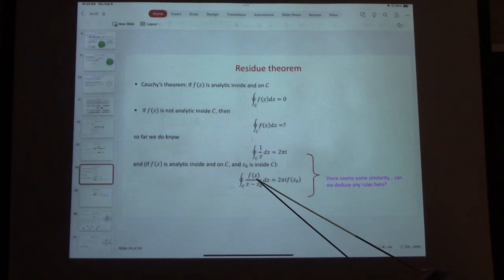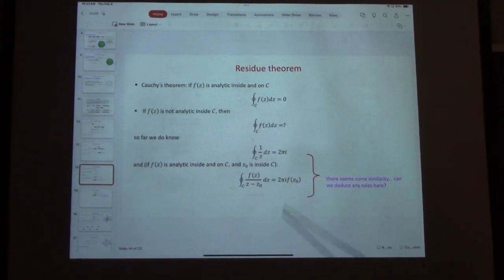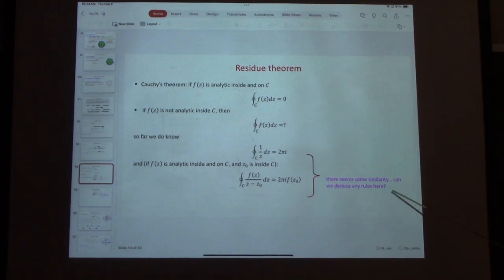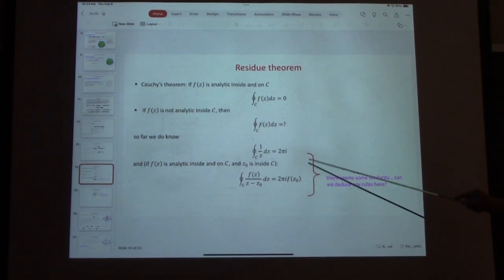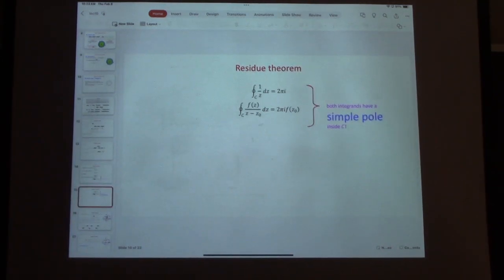That's a simple pole, and that's also a simple pole. When we integrate, we get these things. They seem very similar. Can we get something out of this? And the answer is yes.